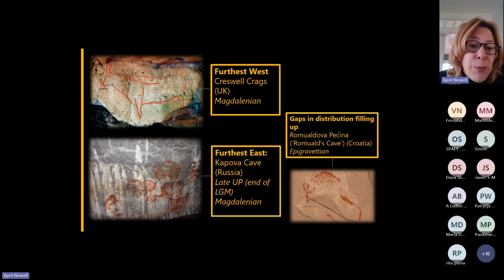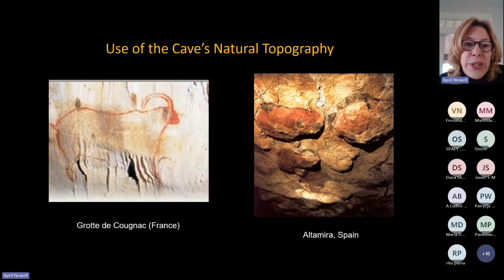Images in Europe in particular, or Eurasia, the furthest east being in Russia, the furthest west being Creswell Crags in the UK. And we're starting now to fill in some of these gaps in the distribution of art across Europe.